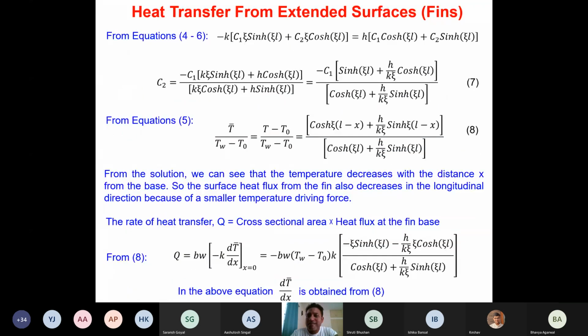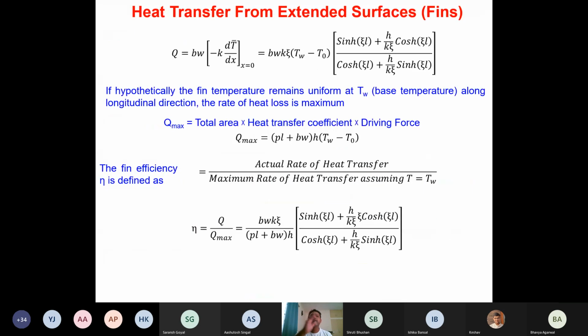Now in general, for extended surfaces, the efficiency is calculated. The fin efficiency is defined as the actual rate of heat transfer divided by the maximum rate of heat transfer. So what is the maximum rate of heat transfer?